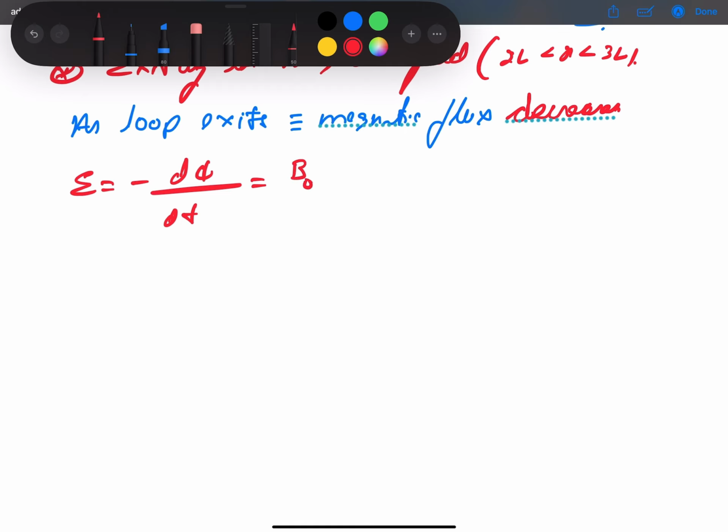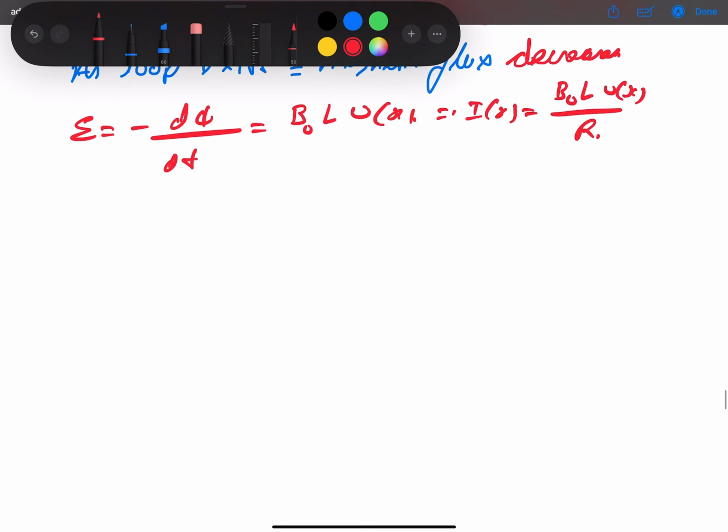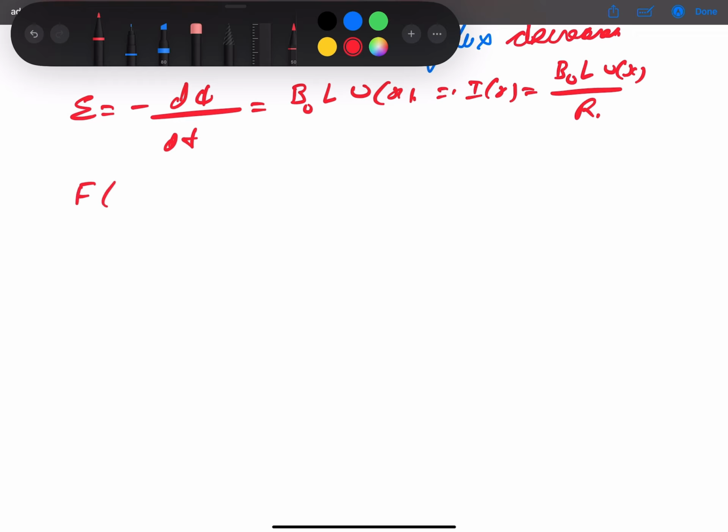This gives us B naught L V of X. Based on this, we can find the induced current I of X, which will be B naught L V of X divided by resistance R. And now we have the magnetic force F of X, which will be equal to I X L B naught.